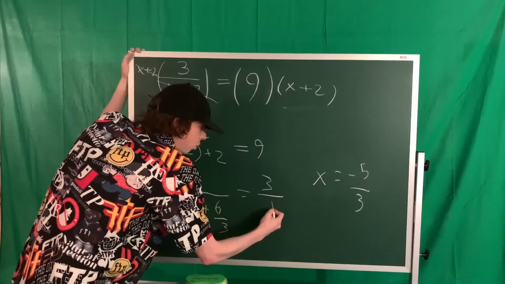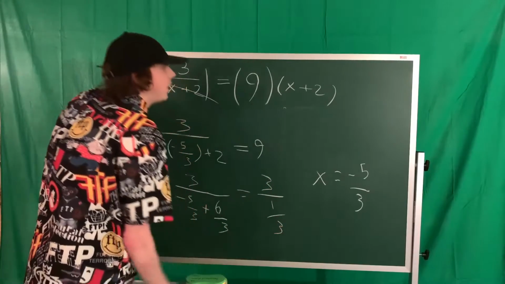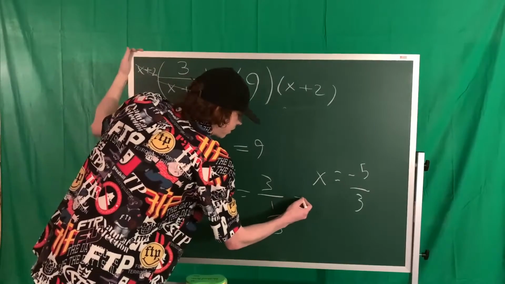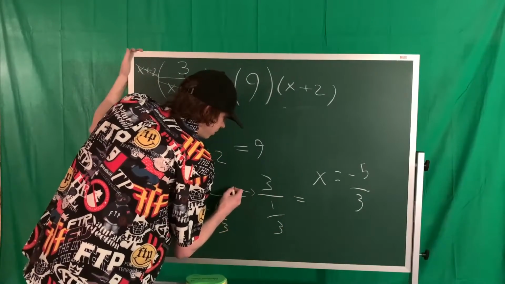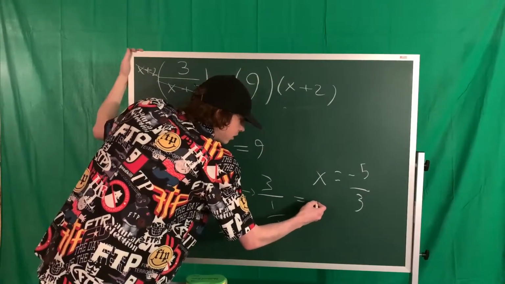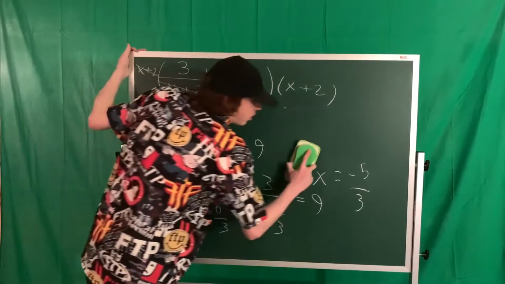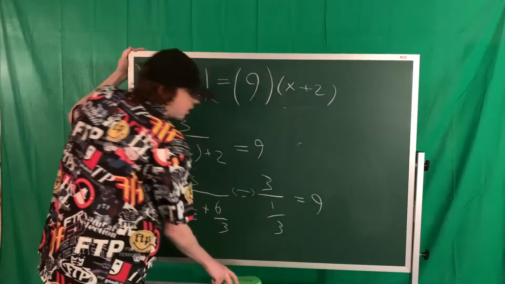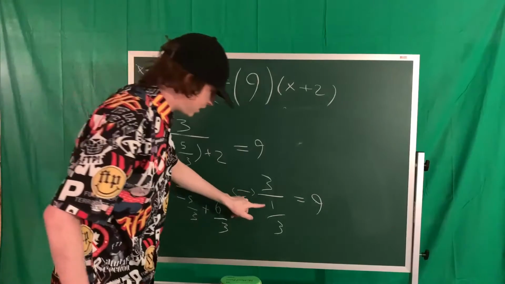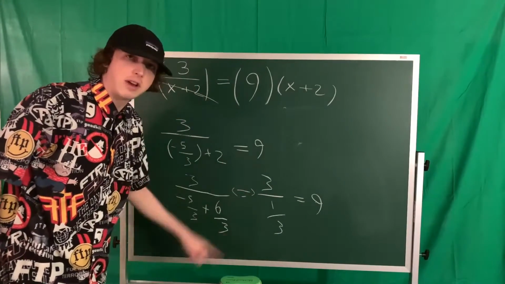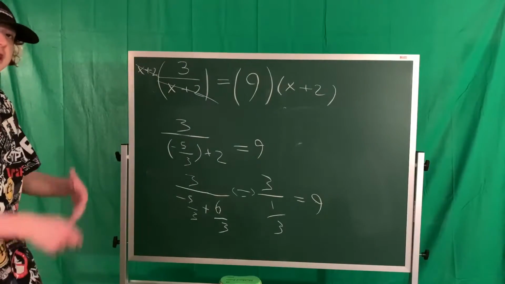So we have 3 over 1/3 is equal to 9. This is getting a little bit scuffed here. Everything's kind of writing over each other. So this has a denominator that's being divided. Well, the cool thing is a neat little trick.